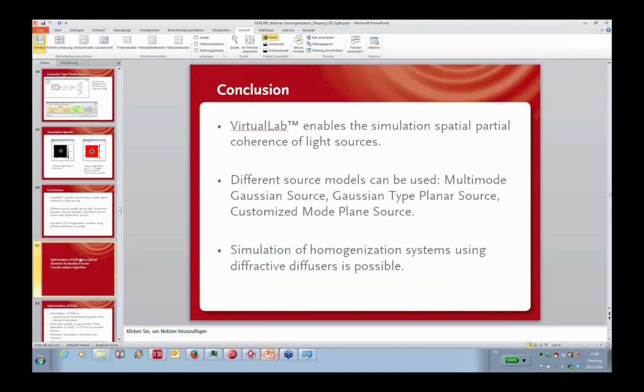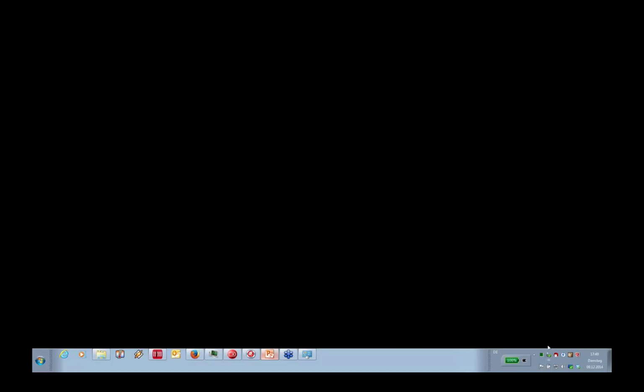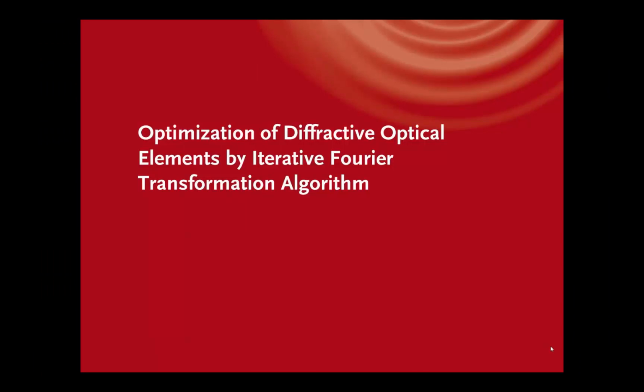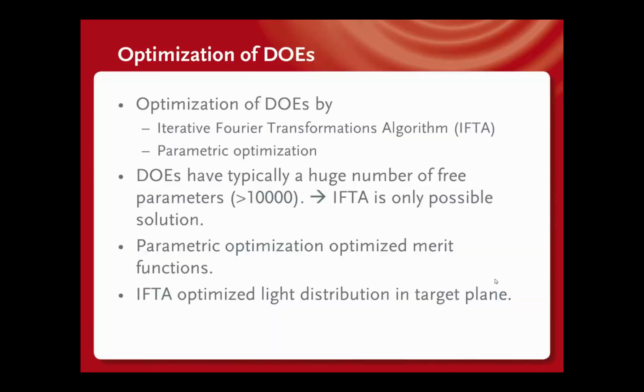Now let's see how we can optimize a diffractive diffuser as used in this example. A typical optimization algorithm is the iterative Fourier transform algorithm. I'd like to give you some information about it. DOE optimization can be done by this iterative Fourier transform algorithm, but sometimes parametric optimization is used.